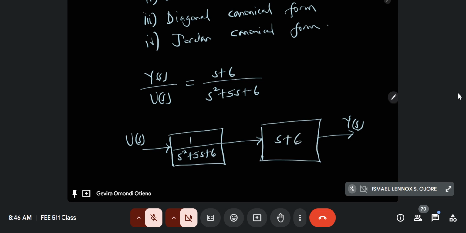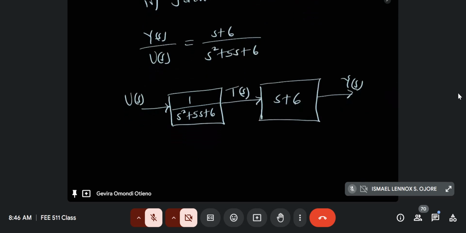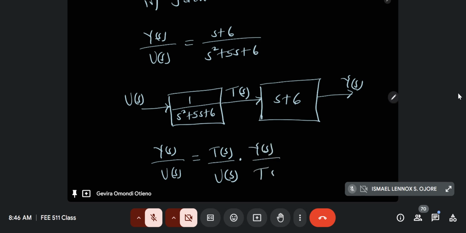So, for easy reference, we need to assign a notation here. Let's call it, for example, T(s); we can use any term. Such that we are saying, ladies and gentlemen, Y(s)/U(s) is the same as saying T(s)/U(s) multiplied by Y(s)/T(s).